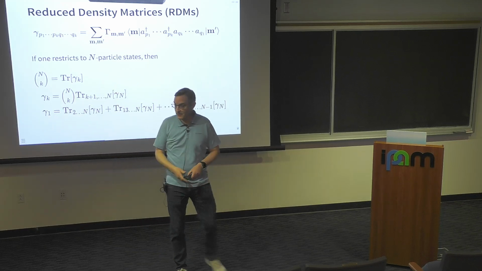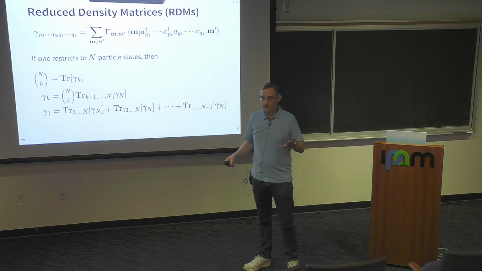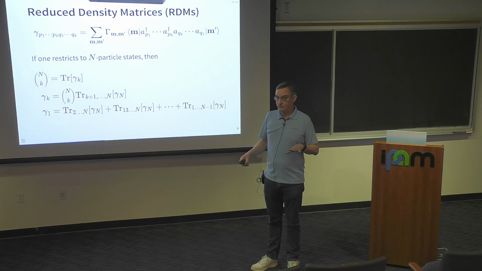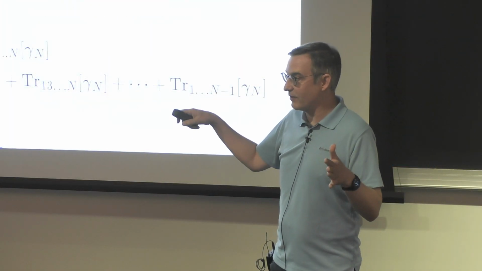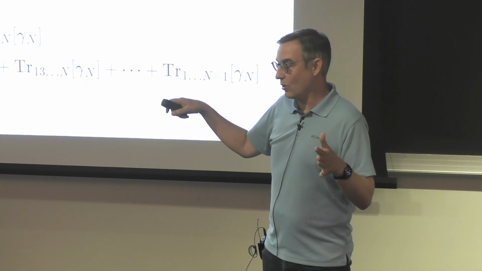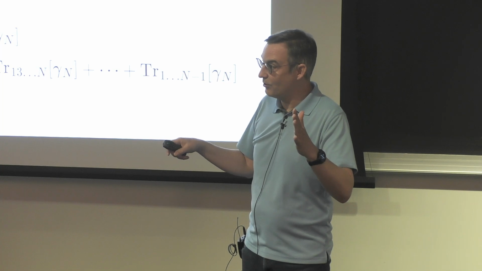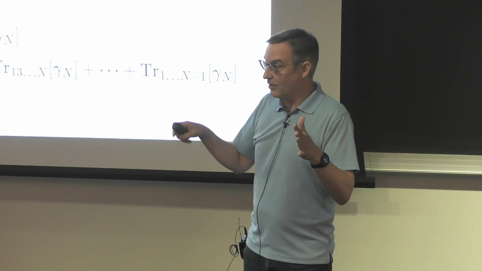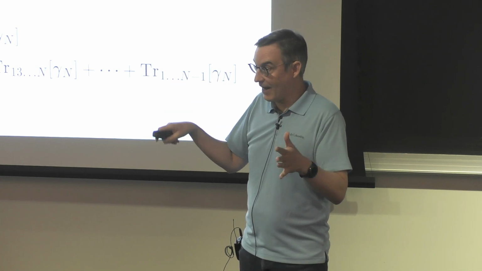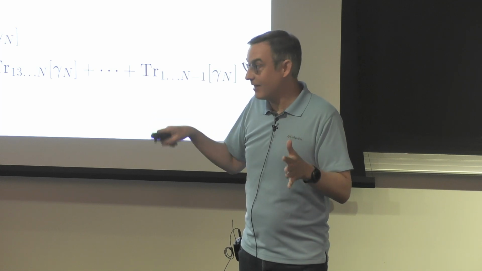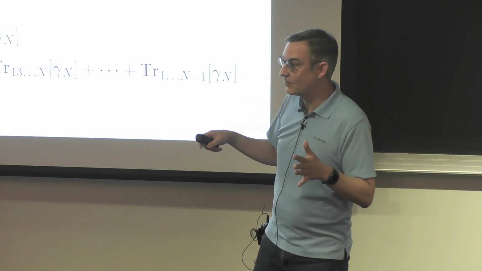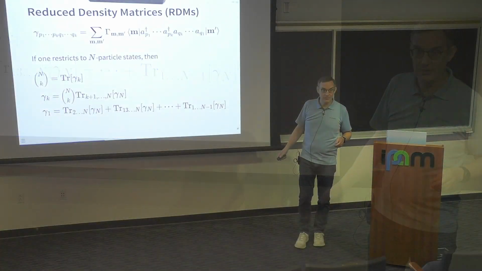So imagine if I gave you a 10 electron state and a 12 electron state, one would be normalized, let's say for the 2 electron, to 10 choose 2, one would be normalized to 12 choose 2, and if I average those 2 states, that's not 11 choose 2. Right? So you have to be careful.